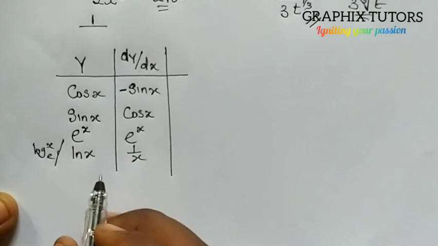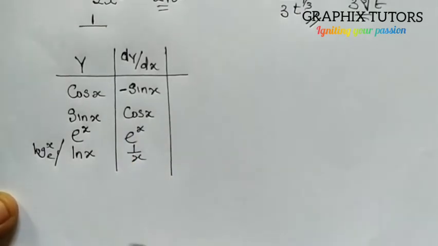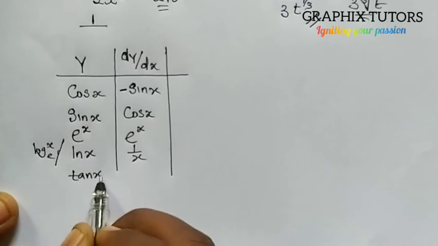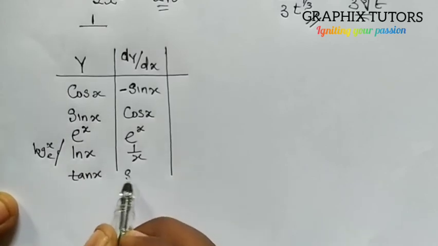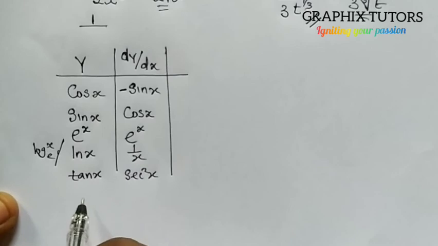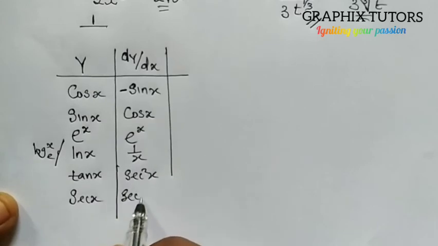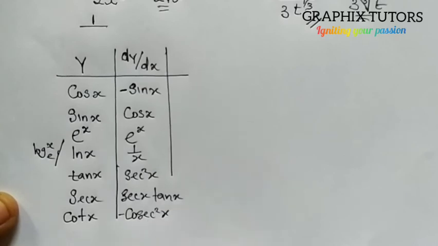Now, if I have tan x, you'll be having sec squared x. If I'm having sec x, you'll be having sec x tan x. If I'm having cot x, you'll be having minus cosec squared x.